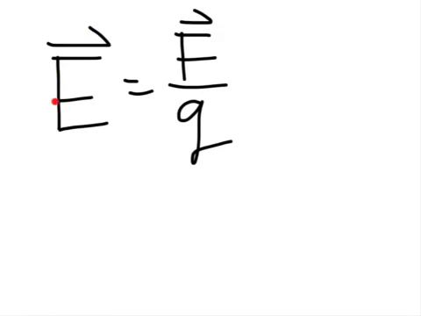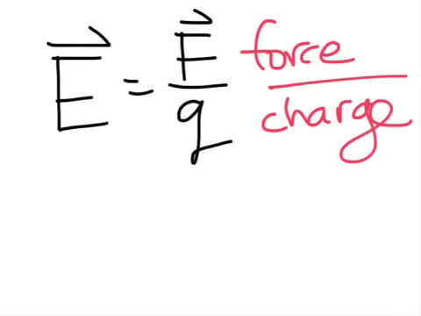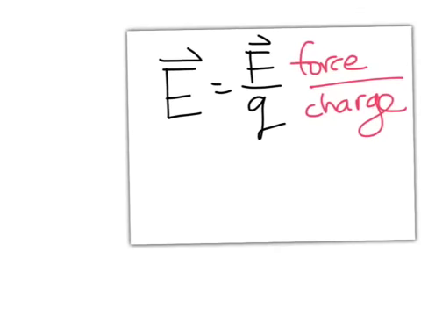The electric field is defined as the force per charge. We have these little arrows above the electric field and the F for force because these are vector quantities. You remember a vector quantity is something that has magnitude and direction.